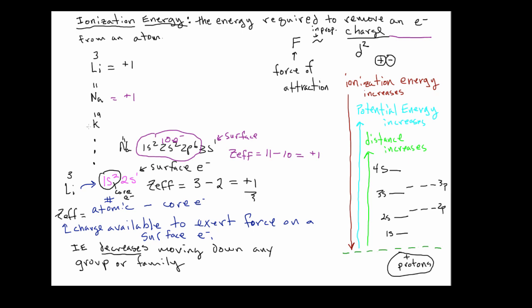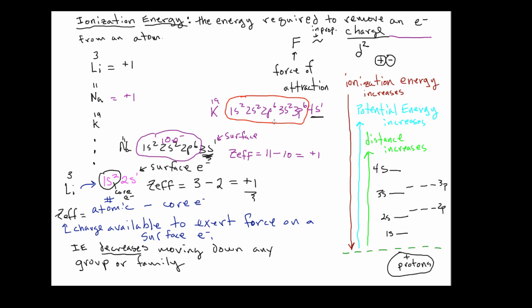We need to do potassium really quickly here. We'll do the third one. So K19. Configuration 1s2, 2s2, 2p6, 3s2, 3p6, 4s1. And here's my surface electron, and my core is here.